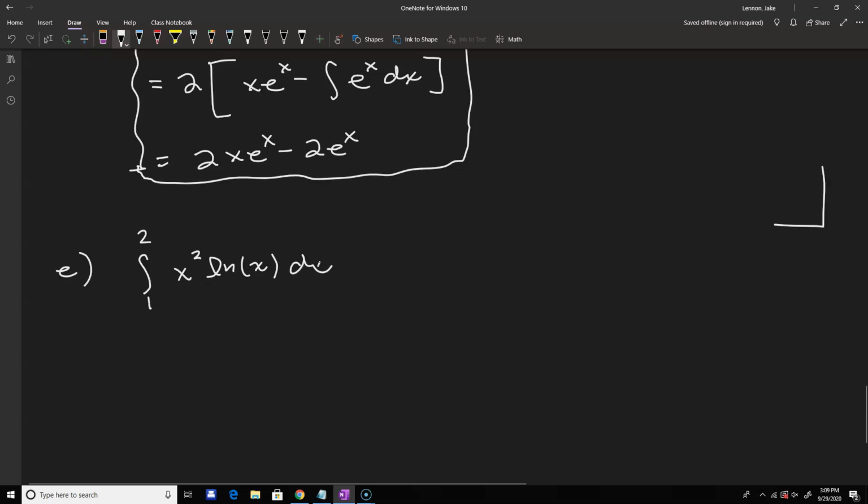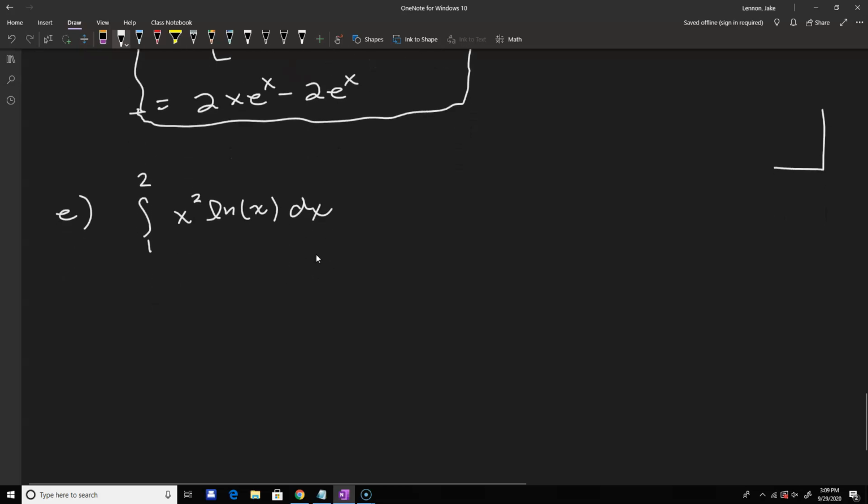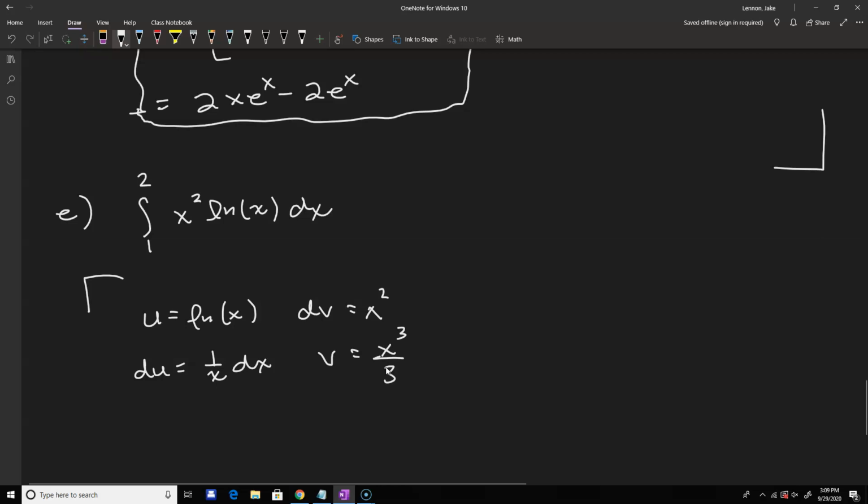So remember from that one, it makes sense to choose u to be the natural log of x and dv to be x squared. So du is 1 over x dx, and v here is just the antiderivative, so add 1 to the exponent, x to the third, and then divide by that number.